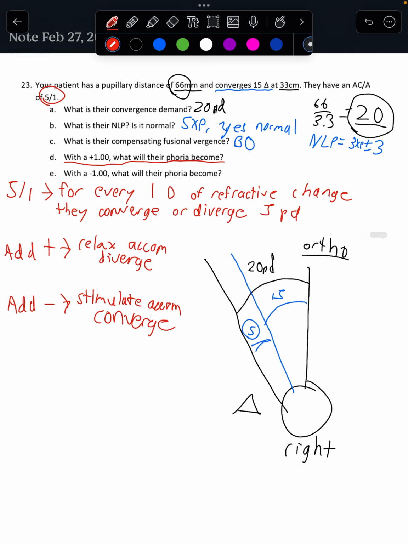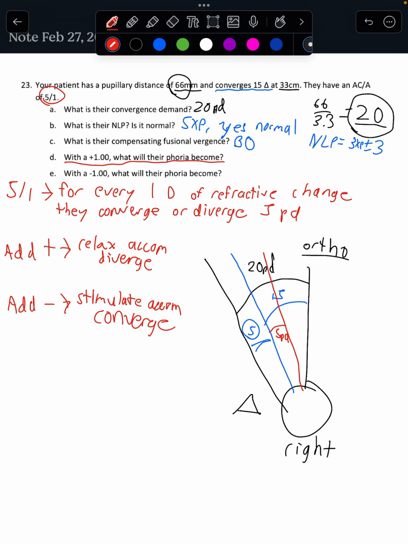So remember, they're normally, without correction, about here, right? They're 5 short of the 20 that they're supposed to be. Once we add the +1, they diverge 5 prism diopters further. Okay, so we already know they were 5 short, and now they diverged another 5.